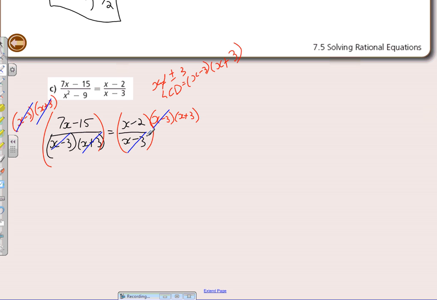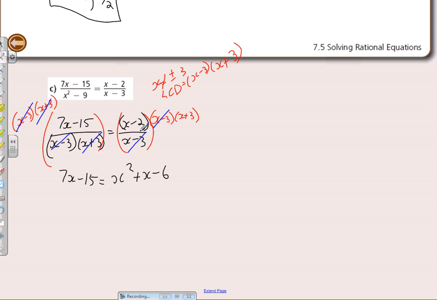Just that cancels off there. And we get left with 7x minus 15 is equal to, expand these two together. Either write it again and expand it, or I'm going to just do it right from here. Remember that this has brackets around it.